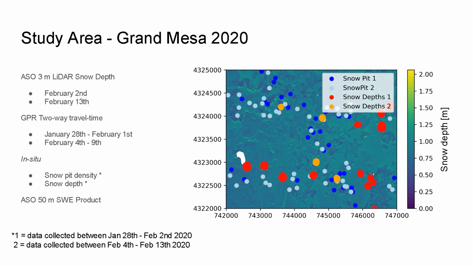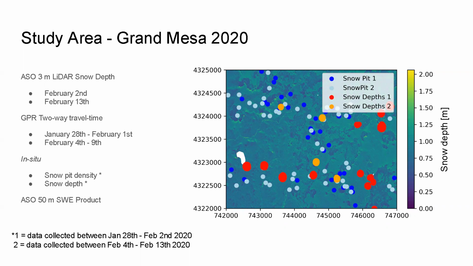So as mentioned by Tate, we focused on the Grand Mesa area as there were 2 flights flown collecting LiDAR snow depths. So our 2 main focuses for testing this method were February 2nd and February 13th. With that, we needed GPR data, and instead of just using the specific dates, we looked at what data we had. So we had January 28th to February 1st.